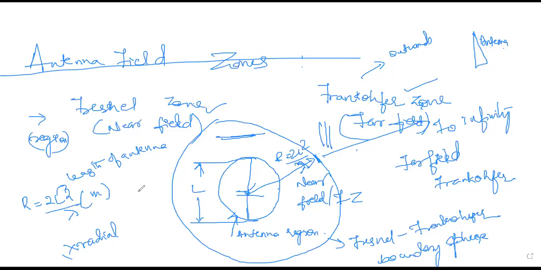And the radiation pattern in the far field is independent of distance, whereas in the near field the radiation pattern depends on the distance. Those are the main differences between your near field and far field.